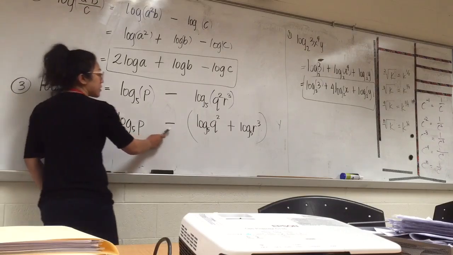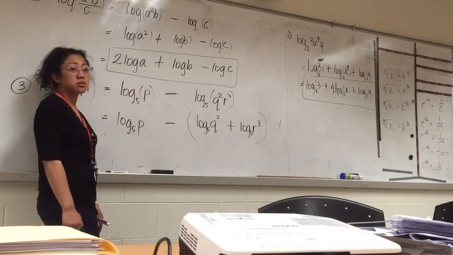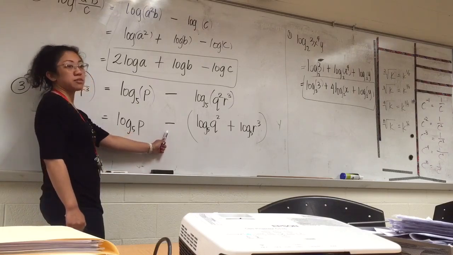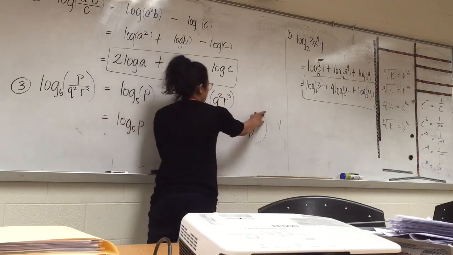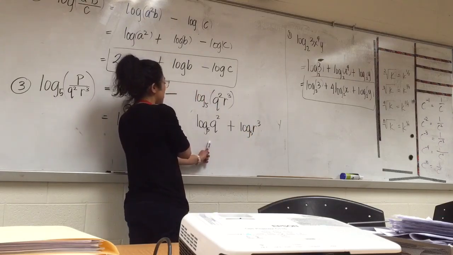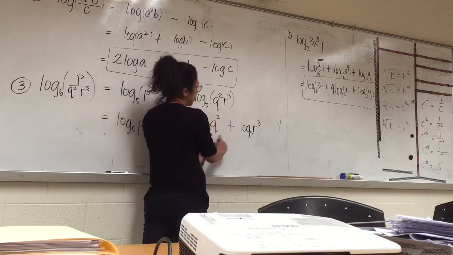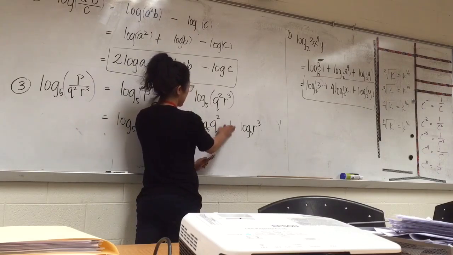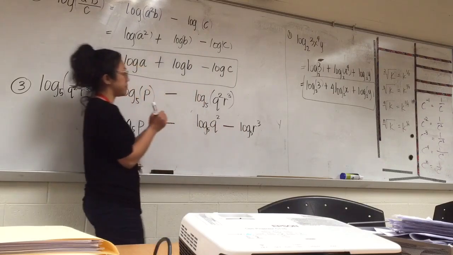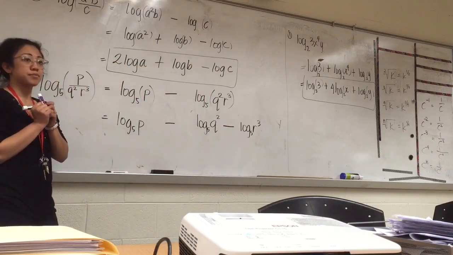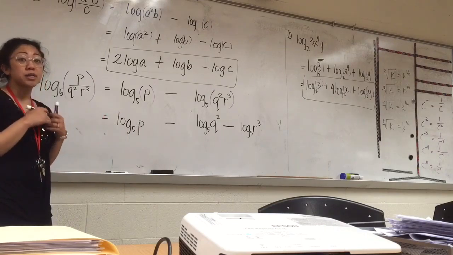When you subtract this whole thing, you can either keep the parentheses or distribute that negative sign. When I distribute, the parentheses disappear, and think of negative 1 being multiplied times both of these. So this one's negative, and this one will also become negative. Unless you kept your parentheses. For the example, I'm not going to keep parentheses.